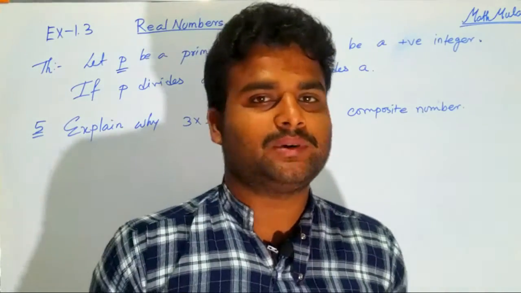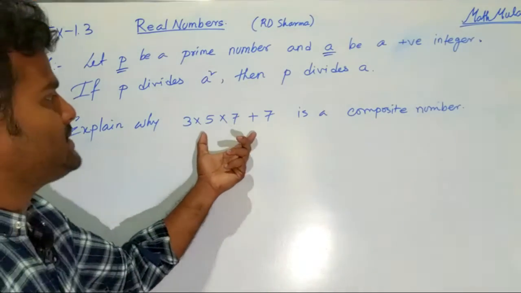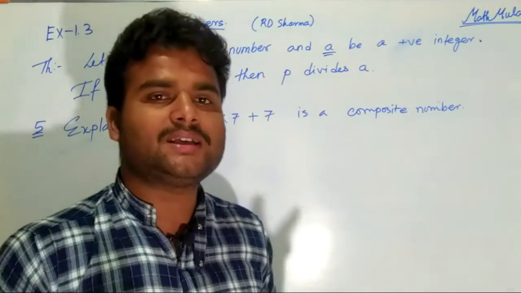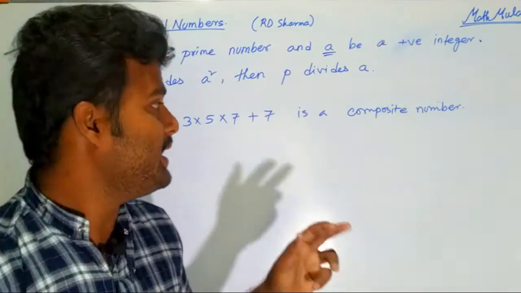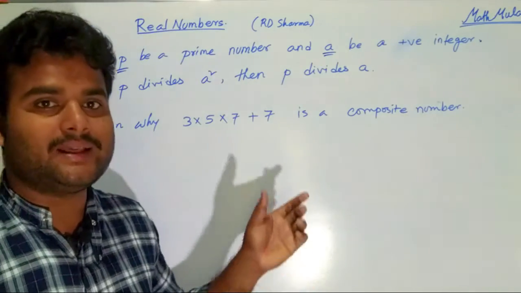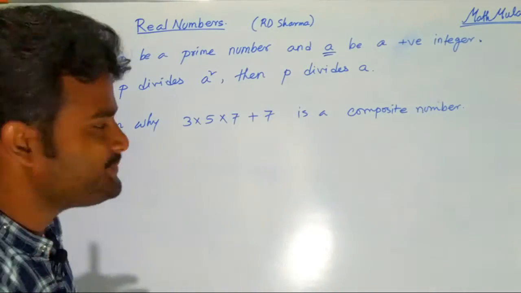Now we solve sum number 5. Explain why this is a composite number. So first, what is a composite number? A number is called a composite number if there are more than 2 factors. That means there is a factor other than 1 and the number itself.